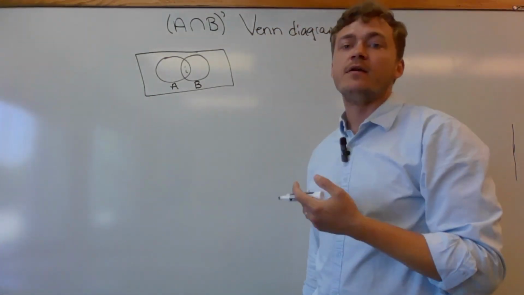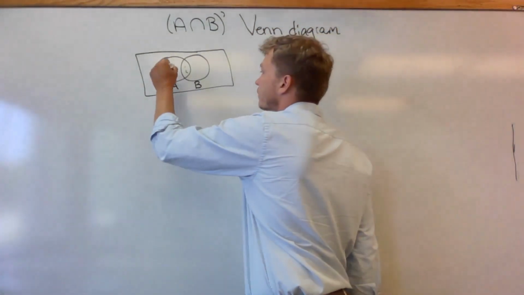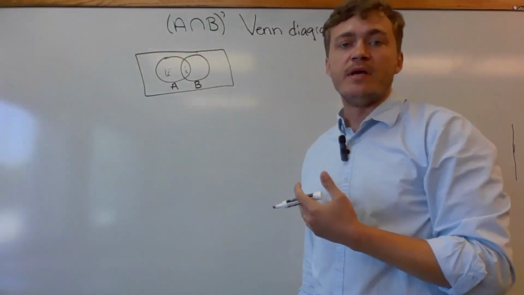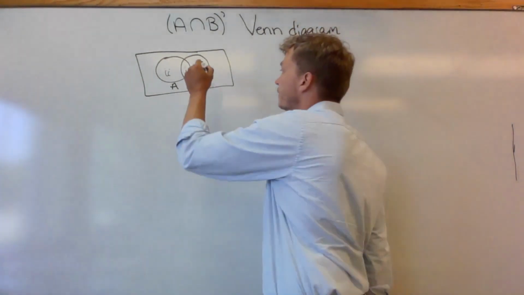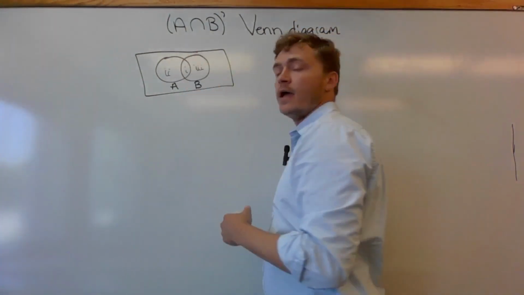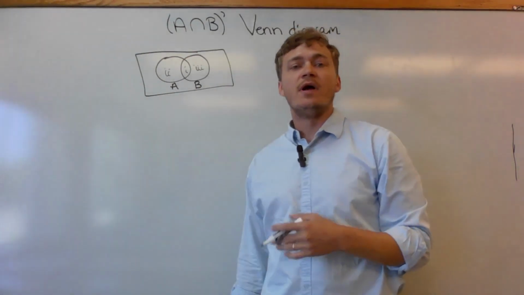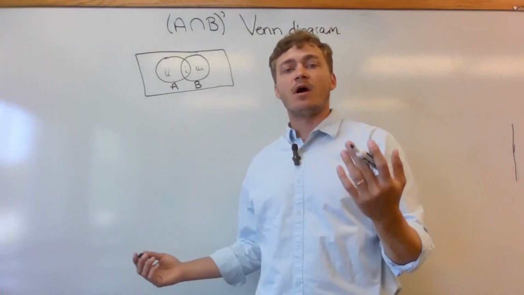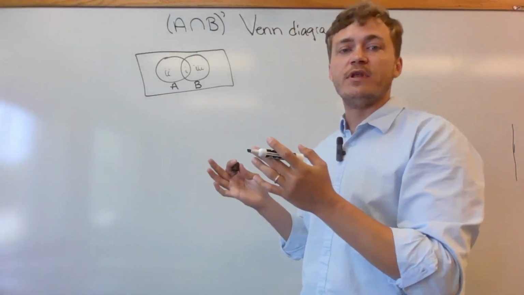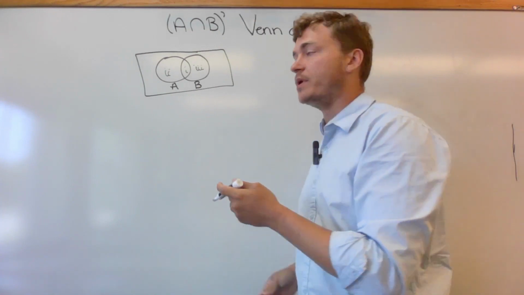The area of A not in B is region 2. The area in B that's not in A is region 3. And as we just saw in the previous example, A union B complement is region 4, everything within the universal set not in A or B.